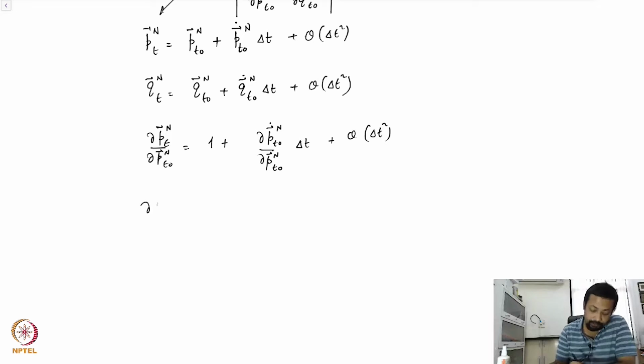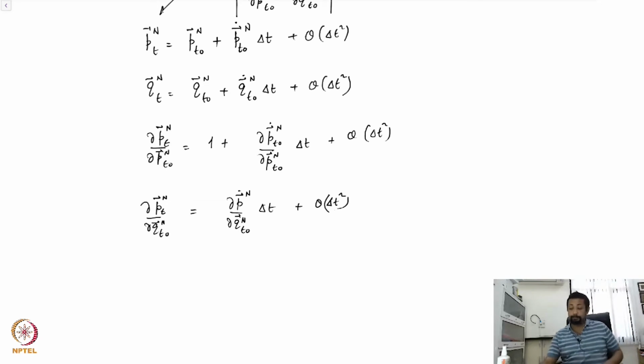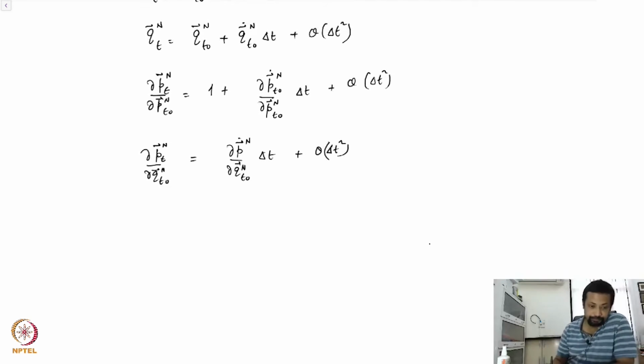Similarly, ∂PN(t)/∂QN(t0) is ∂ṖN/∂QN(t0) delta t plus higher order terms, right? One can do it for the QN(t) also.